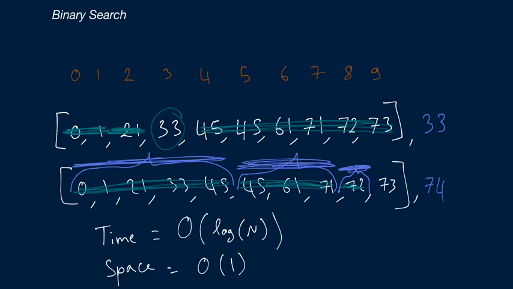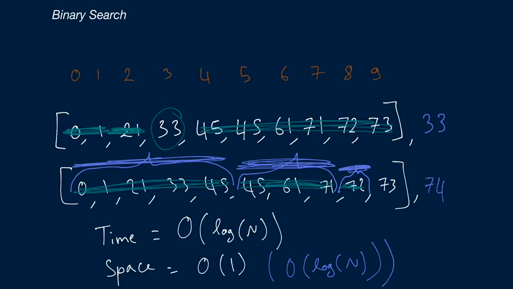Now, if you implement this algorithm recursively as opposed to iteratively, then depending on your language, you might have a space complexity of O of log of n space because of the memory usage on the call stack, right? You're going to have frames on the call stack that will be used up, and so that's going to take extra space.